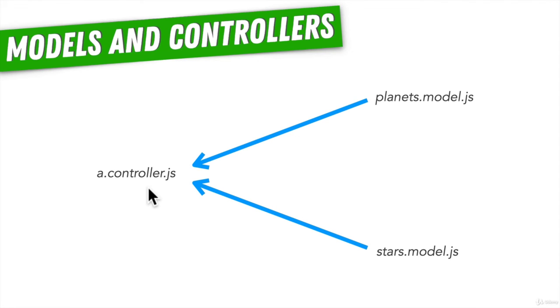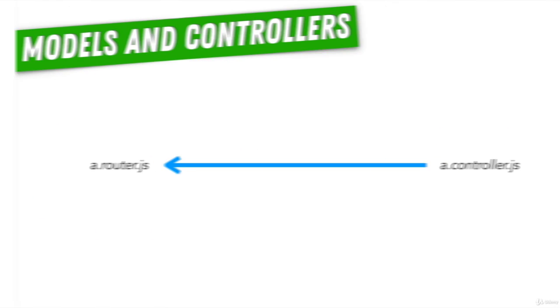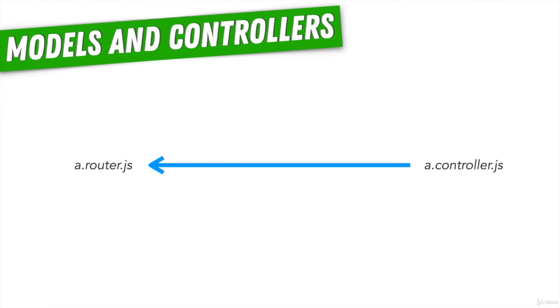And we want to be flexible enough to support new models that may or may not be one-to-one with our controllers and the routes that are tied to those controllers. So it's only our routers and controllers that will live together, and we'll keep our models in a separate folder.